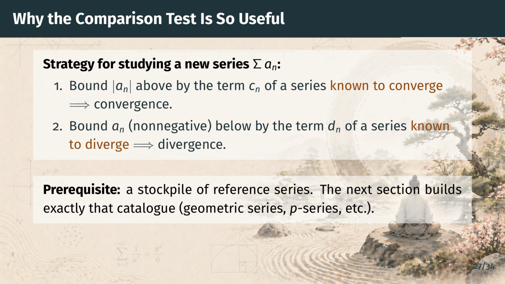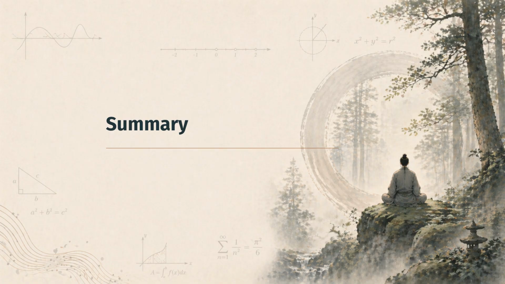The next section, Series of Non-Negative Terms, is devoted to building exactly that catalog: geometric series, the so-called p-series, the Cauchy condensation test, and so on. Once we have those reference points, the comparison test handles a huge range of practical examples.